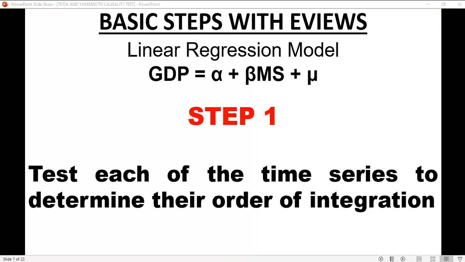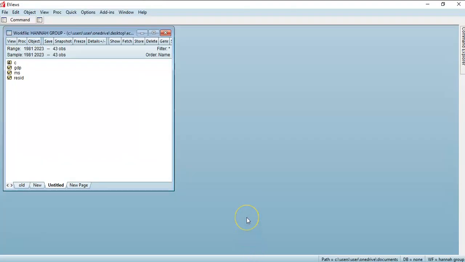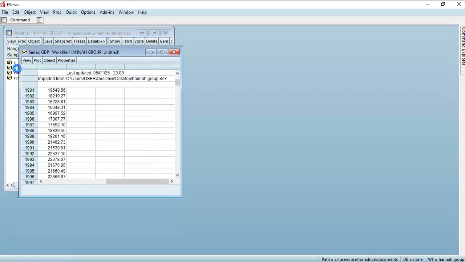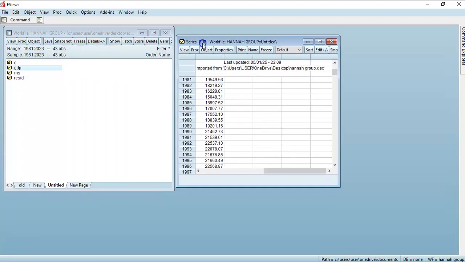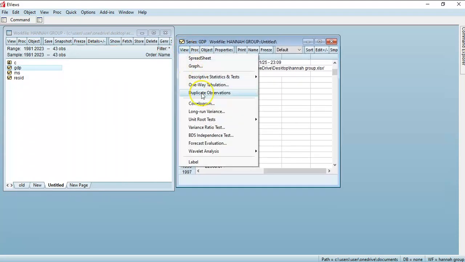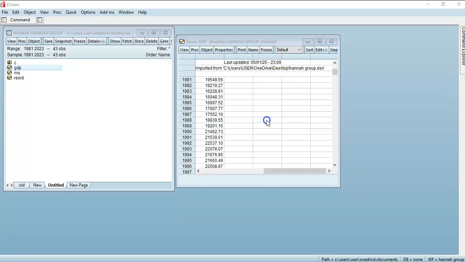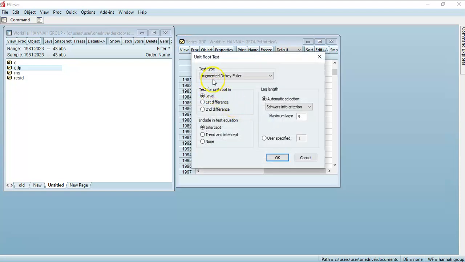The first thing we do is go to our Eviews work file. Here we have the GDP and the money supply. The first step is to test the order of integration and check their level of stationarity. We go for GDP and use the standard unit root test, ADF.